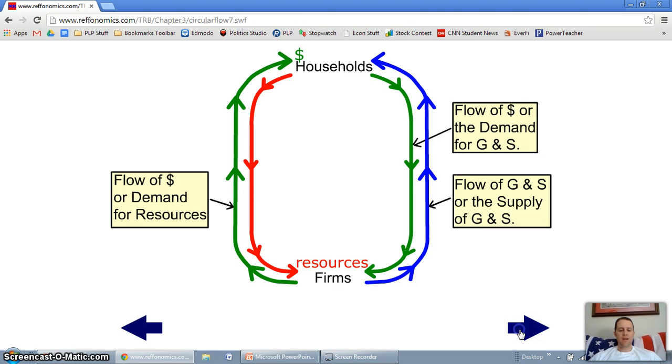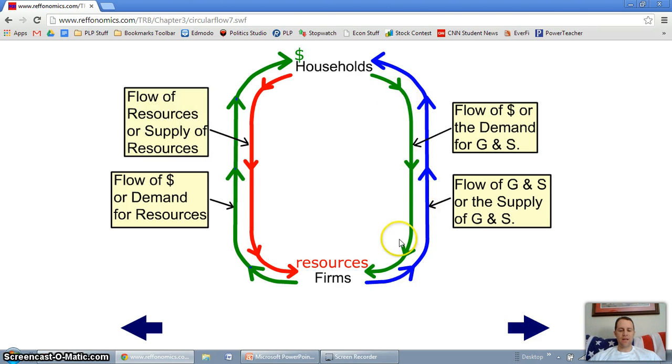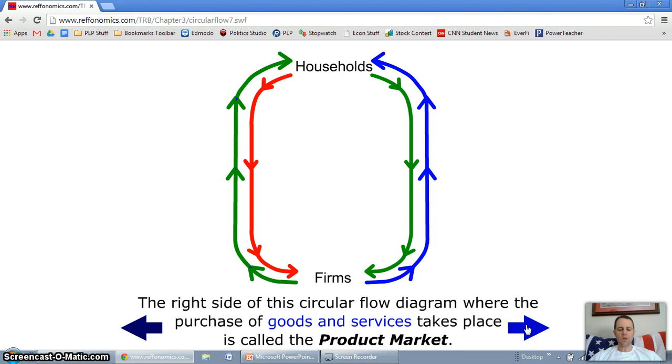So remember, the money is represented by the green lines. The money is flowing from the households to the firms to demand the finished goods and services, and then the firms take that money and demand the factors of production that they need, and we have this circular flow being created in our economy.